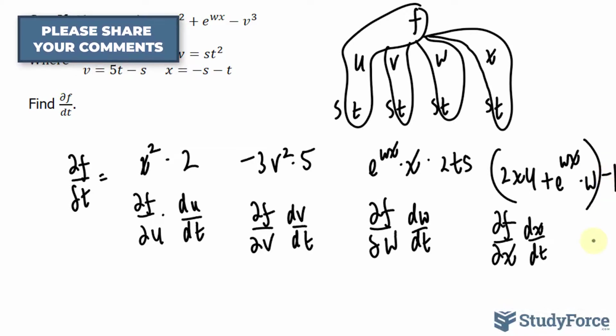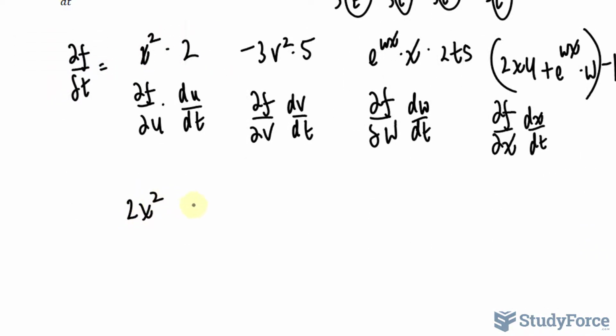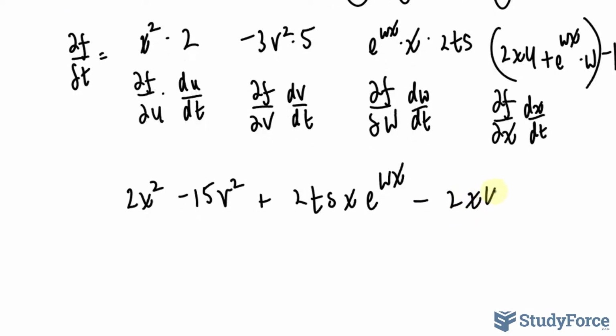Let's clean this up. We have 2x squared minus 15v squared plus 2tsxe^(wx) minus 2xu, and we're multiplying this negative 1 to this term as well, so negative e^(wx) times w.